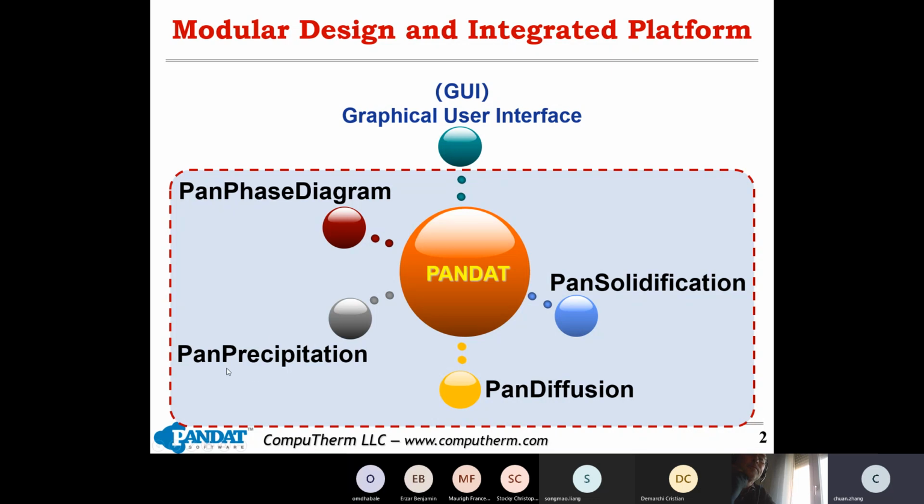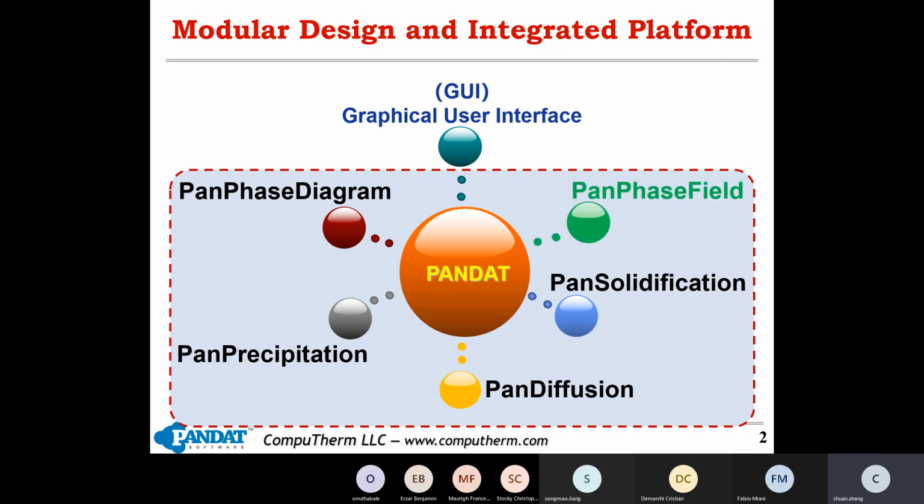We also have the precipitation module, which is for precipitation simulation, and the diffusion module, which is for diffusion simulation. This year, we also released a solidification module. This is for solidification simulation considering the back diffusion effect in the solid phase. I will give you more detailed information later on.